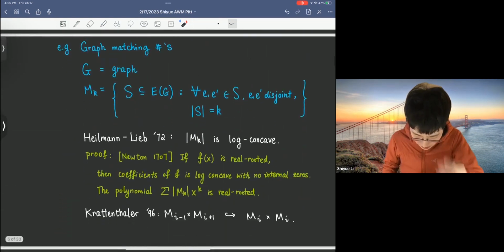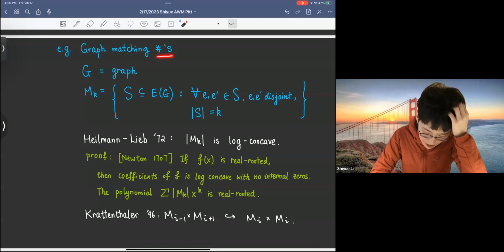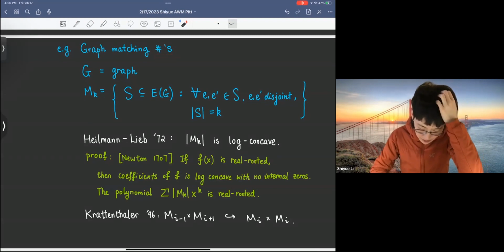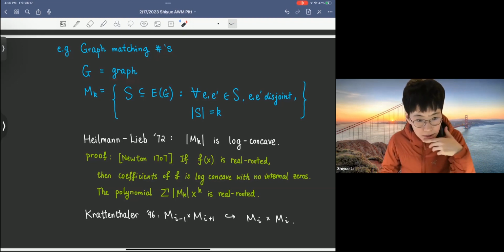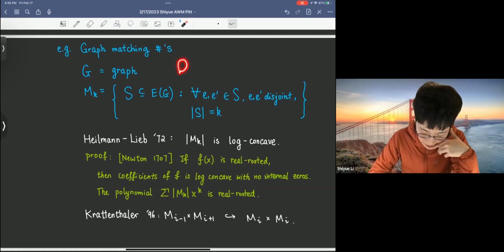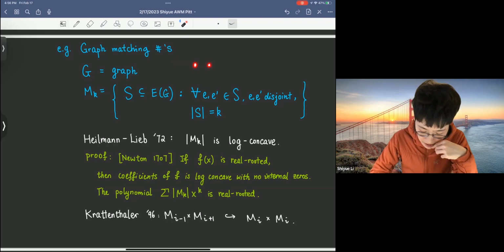Another related example of a different flavor is called graph matching numbers. Given a finite simple graph, meaning graphs that do not have weights on their vertices, do not have loops, like an edge connecting one single vertex, and do not have parallel edges like this.